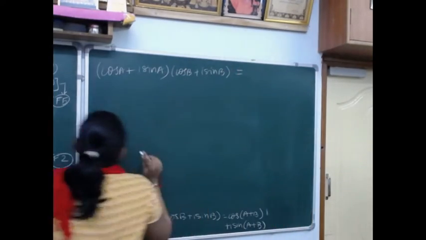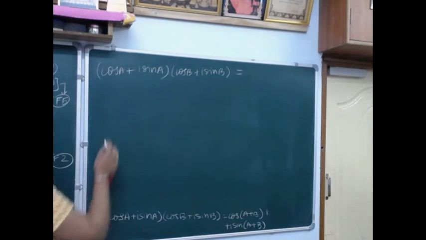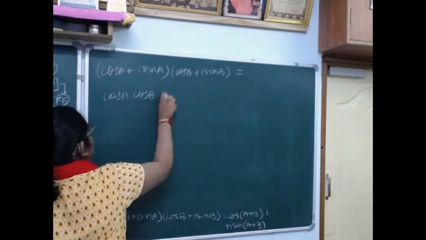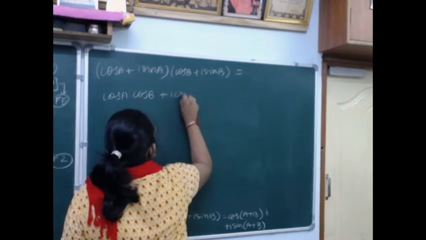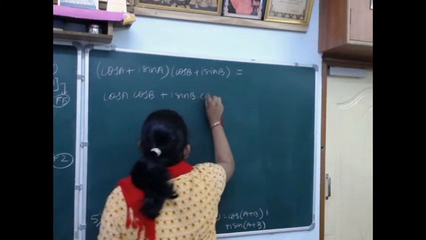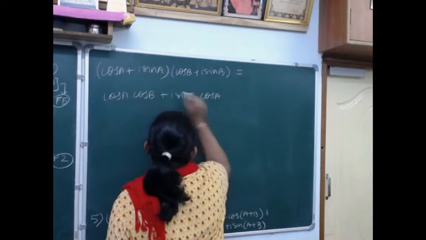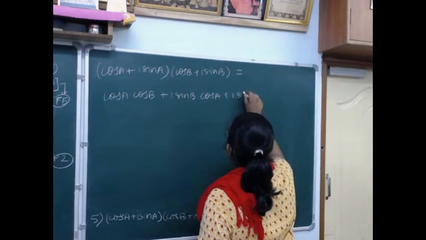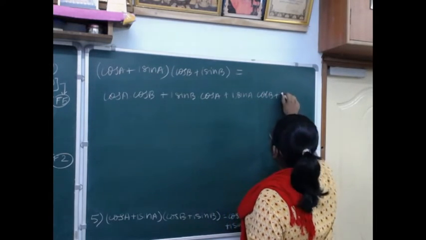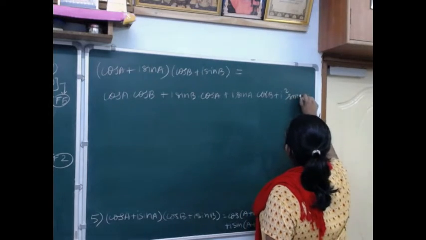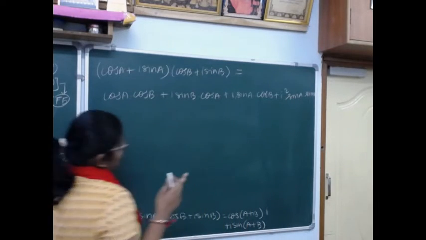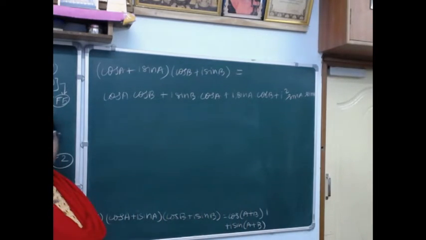So first we have to multiply these 2 terms, that is cos A into cos B plus i sin B into cos A. And the next term is i sin A into cos B plus i² sin A into sin B. So now we have an i² term here, and i² will become minus 1.